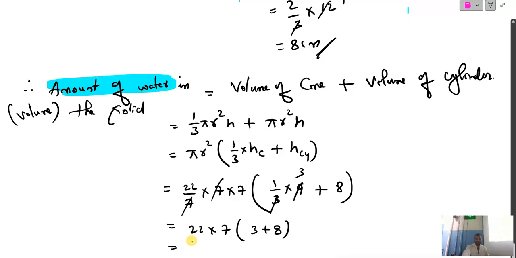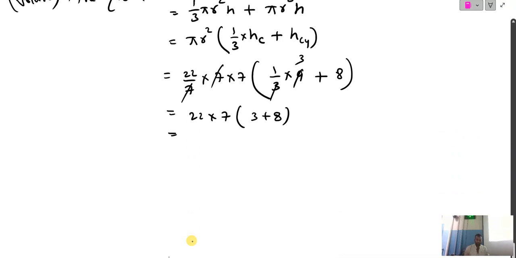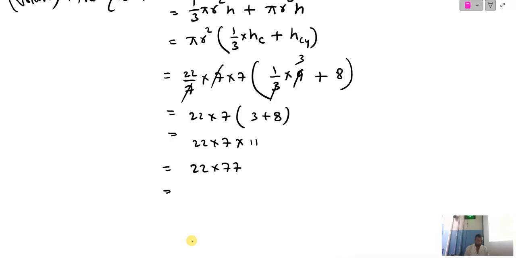Now can we simplify this? 22 into 7 into 8 plus 3, 11. 22 into 7 into 11s are 77. 22 into 77 is 1694. How much? 1694.